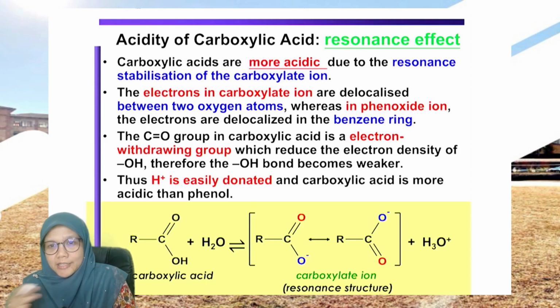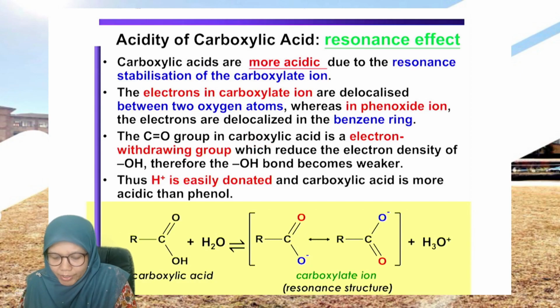Alright. And then another factor is the C double bond O group in carboxylic acid is electron withdrawing group. Ini adalah EWG, electron withdrawing group, which reduce the electron density of OH. OH kat mana? Dekat sini. So, density of electron dekat OH ini rendah.